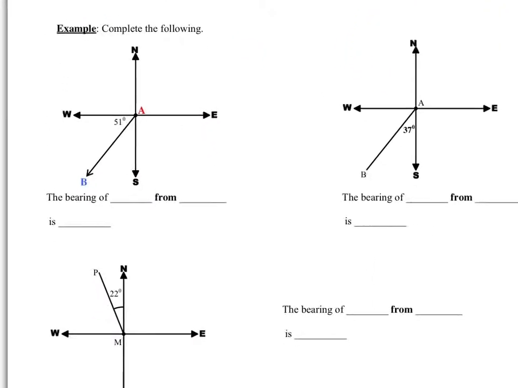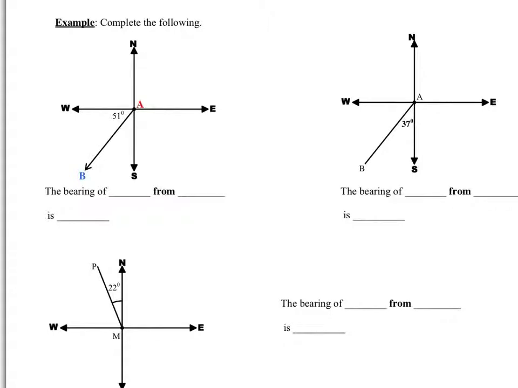Let's look at the next one. Now, again, you can see that the centre of the compass is at A, so the bearing is being taken from A. So we're looking at the bearing of B from A. Now remember it's a clockwise angle from north.